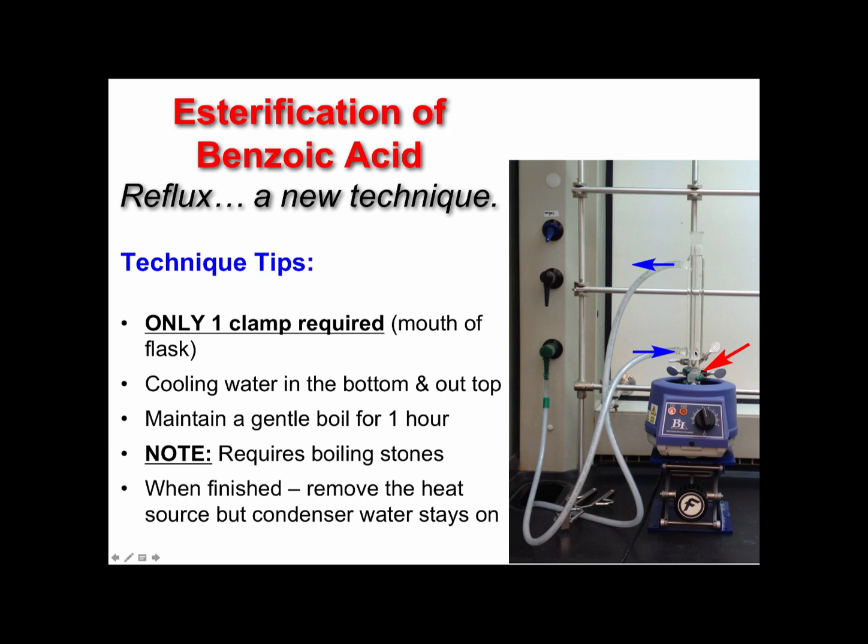They lose all of their energy, and the molecules start to stick back together again through intermolecular forces, and then they run back down into the flask. So it's not a closed system, but it's a circulating system where that evaporating solvent condenses and drips back down into the reaction. It keeps a constant volume in the reaction mixture.